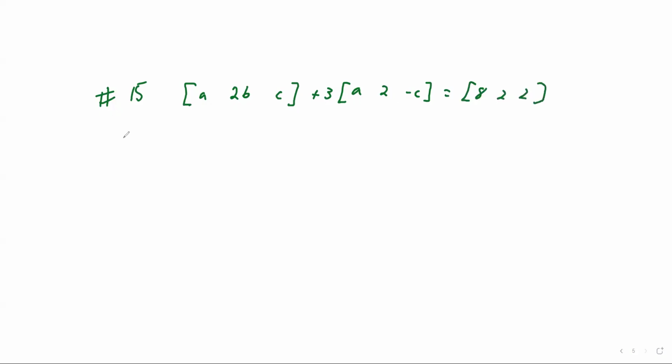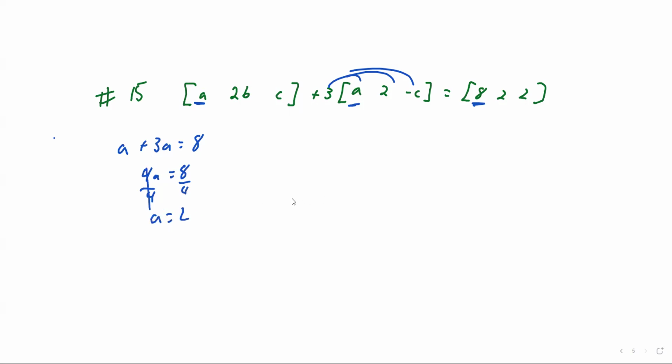All right, the way this works, I'm going to take this element plus 3 times this element. So that would give me A plus 3 times A, which is 3A. And then I know it's equal to 8. So now I have an equation. So A plus 3A is 4A equals 8. Divide by 4.